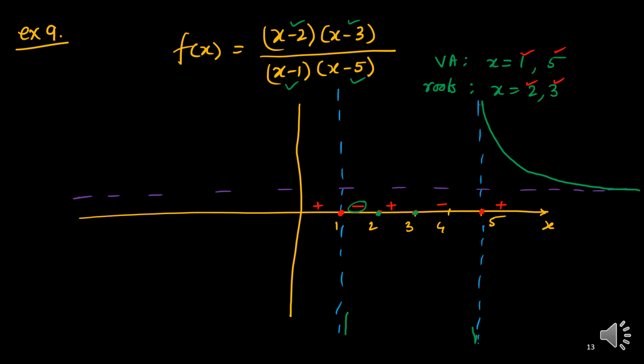That means it will come to this point and become positive a little bit more, and then again it will go to this side, following the vertical asymptote. So this peak, this maxima, will not cross 1.